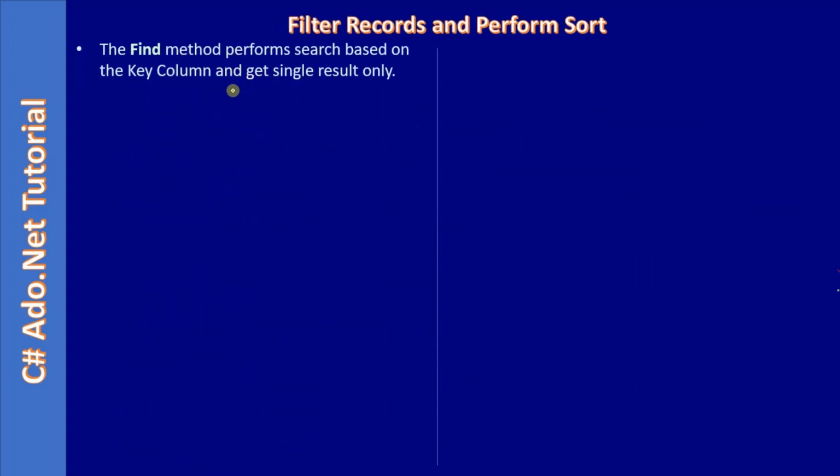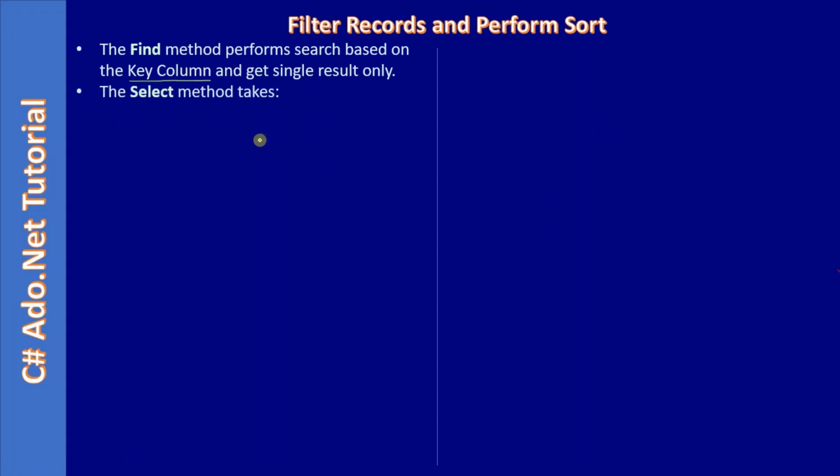The find method performs search based on key column to get single result. We already saw that, right? We used the find method with single as well as compound primary keys, and we saw that in the last two videos.